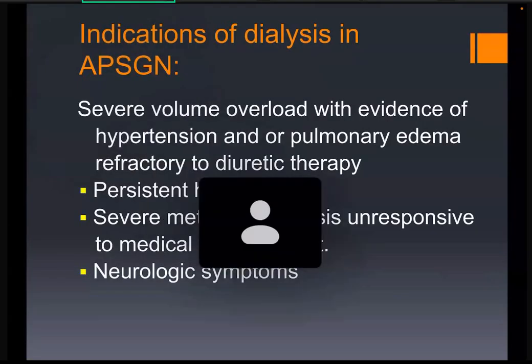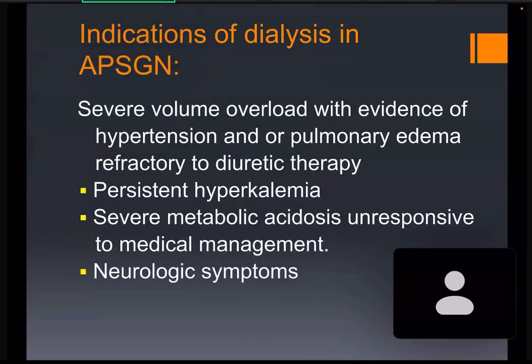Okay. Now, what are the indications for when you perform dialysis, which is the job of the pediatric nephrologist? But at your level, if you will see this kind of patient in the future and you will co-manage them, these are the indications for dialysis, so that you can also explain to the parents why this patient has to be dialyzed.